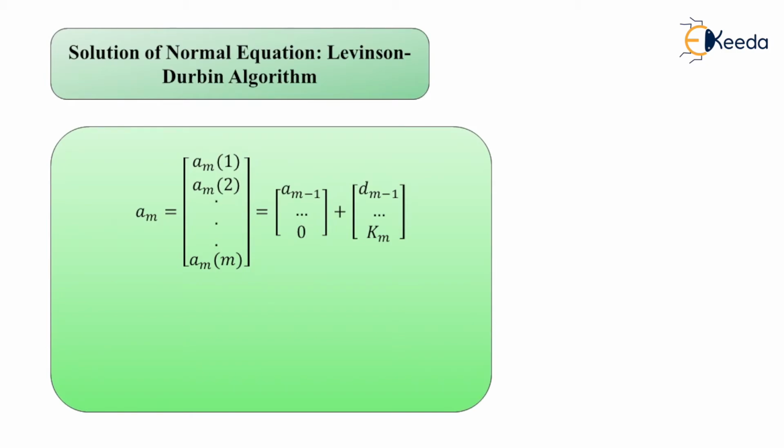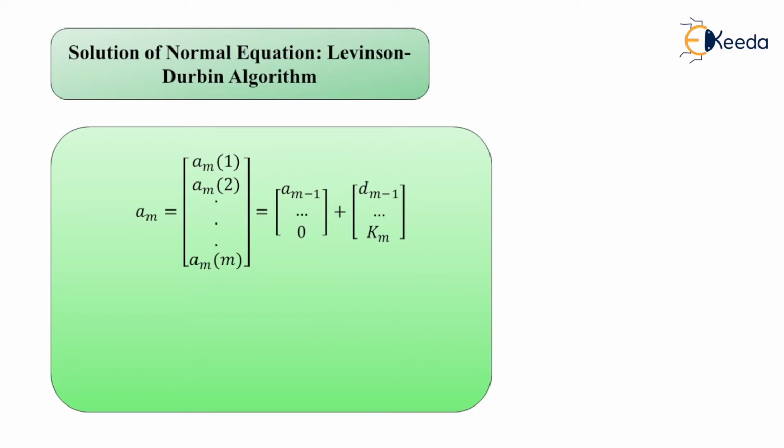The first term on the RHS is the column matrix a suffix m minus 1 up to 0, and this is further added to the vector d suffix m minus 1, and the last entry is capital K suffix m.